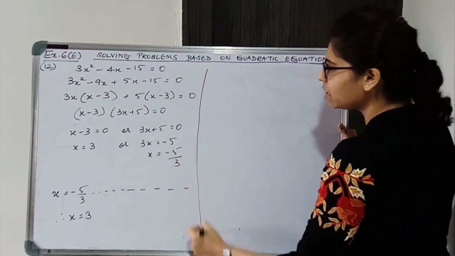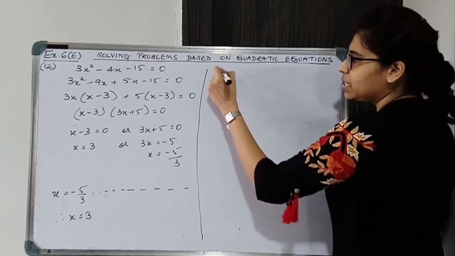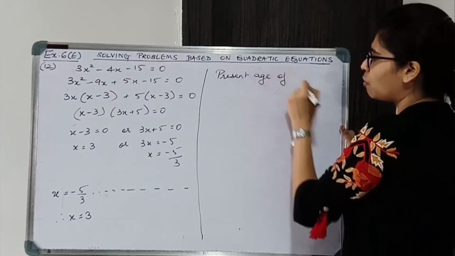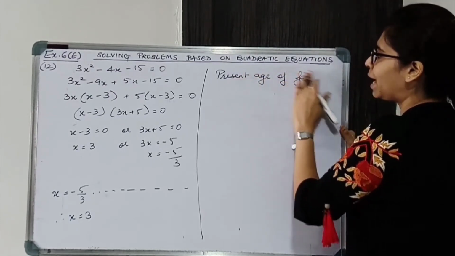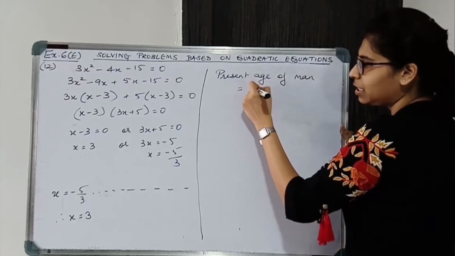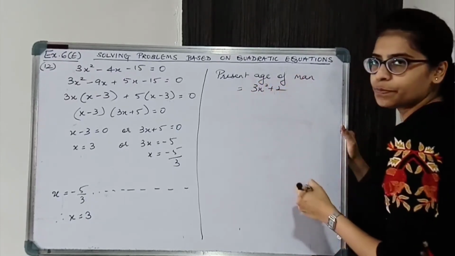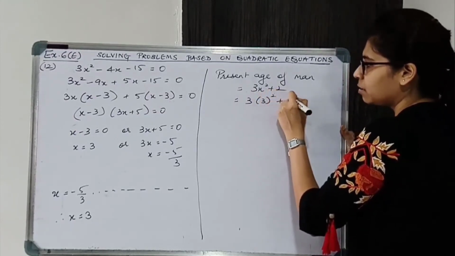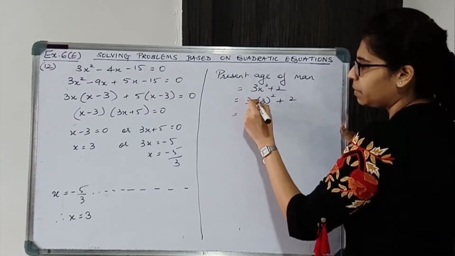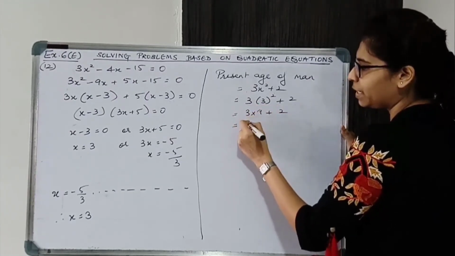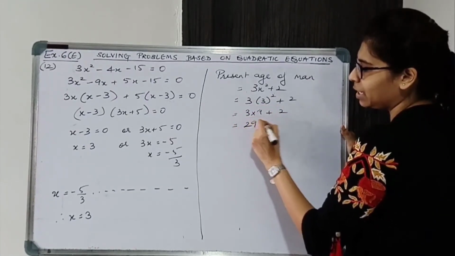So table में से we know present age of father or man is 3x square plus 2. So that will be 3 into 3 square plus 2. So that will be 3 into 9 plus 2. So 27 plus 2 that will give 29.